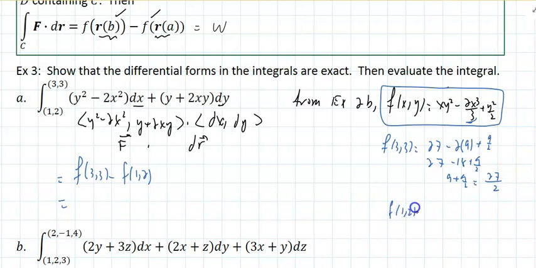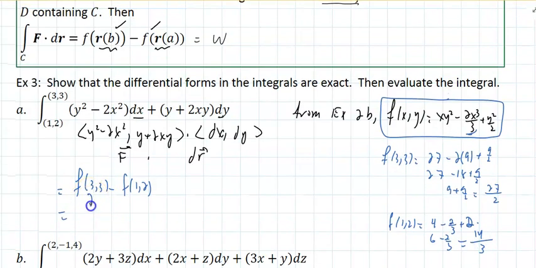And f of 1, 2 would be 1 times 4, that's 4, minus 2 times 1, 2/3, plus 4 over 2, which is 2. So that would be 6 minus 2/3, all over 3. 18 minus 2 is 14.